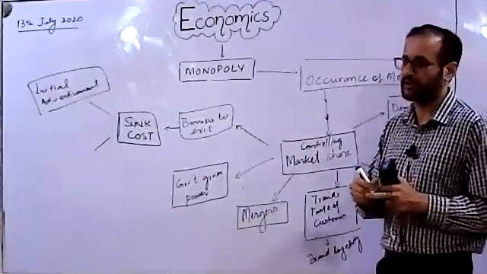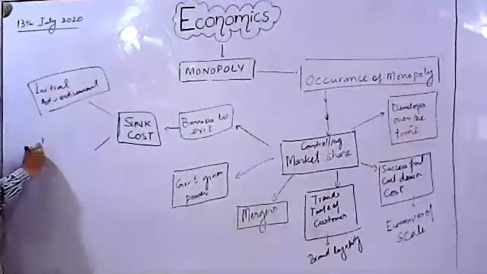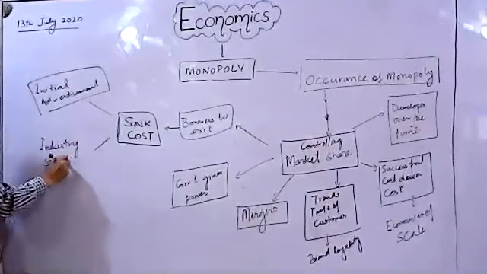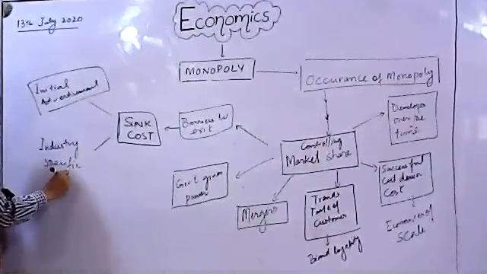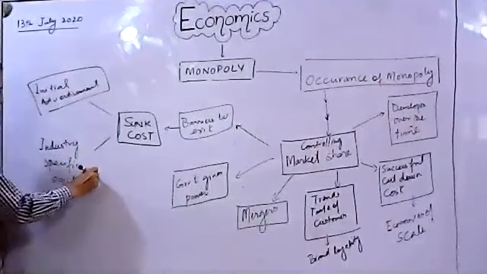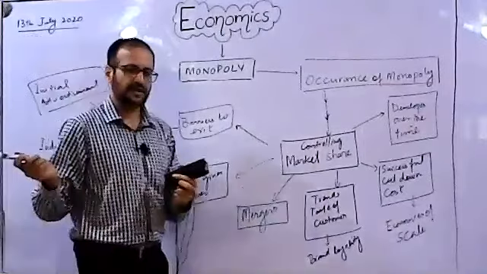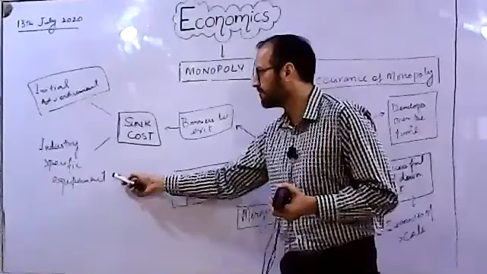And another one is the industry specific equipment. This is again a sunk cost for many of those monopolists, who have purchased equipment which is industry specific.